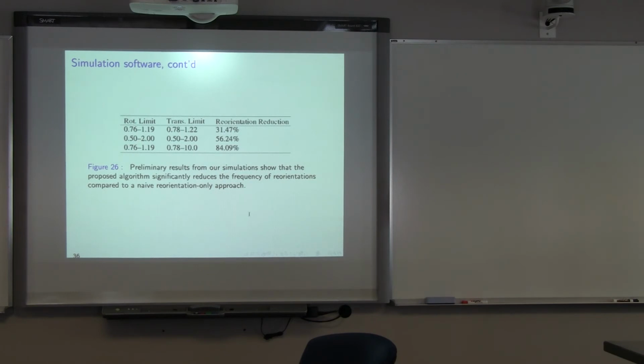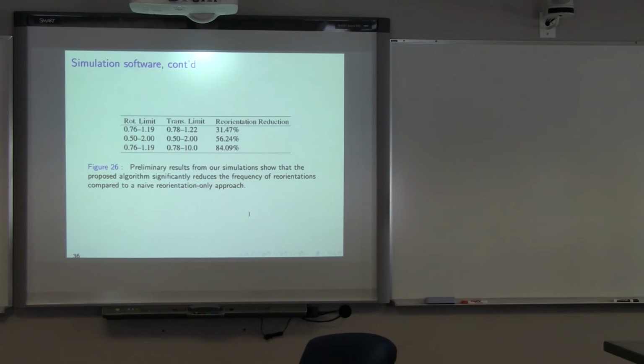So this is the result of our simulation. It basically says we can significantly reduce the rate of reorientation, which is the collision in the real world, compared to a naive approach. The naive approach only uses the reorientation procedure.